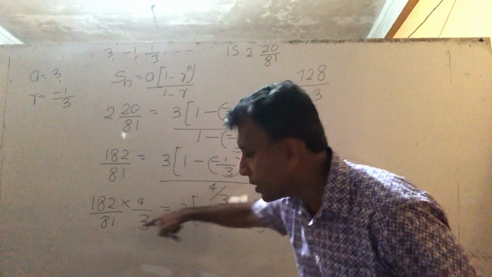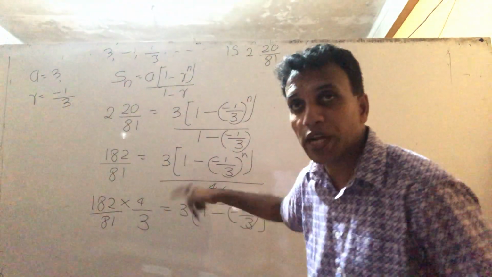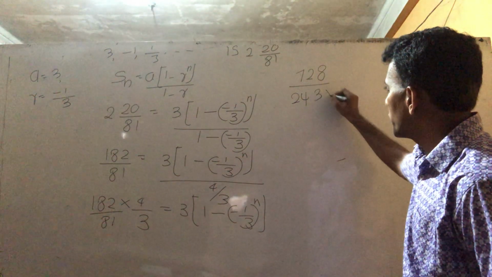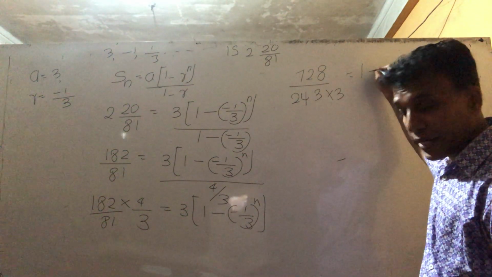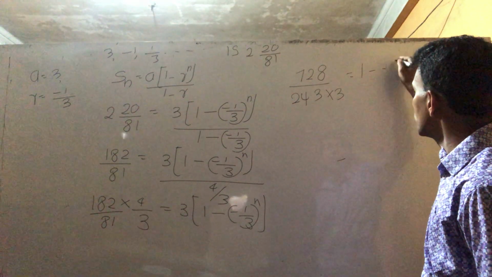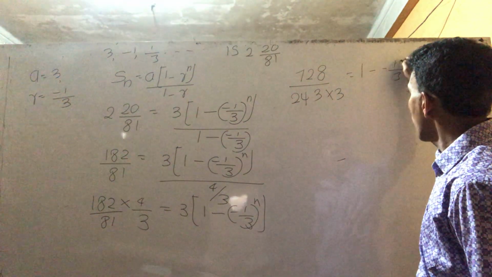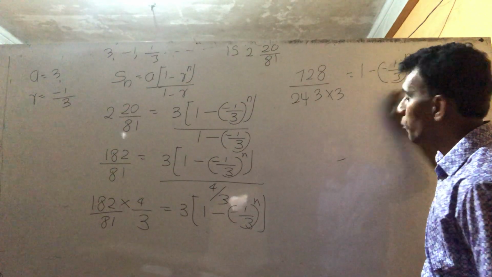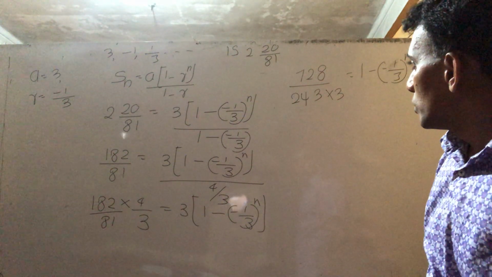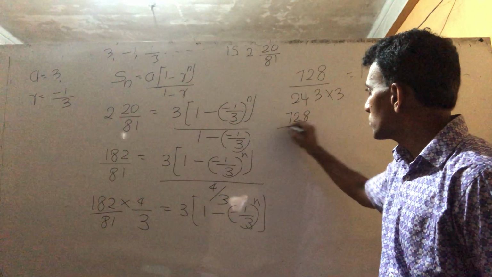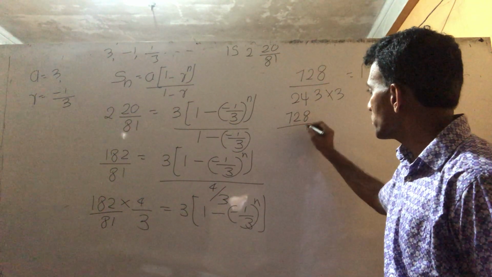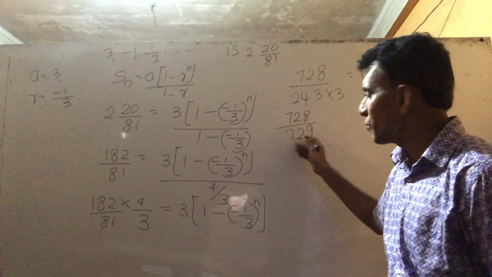Now take this 3 down, divide, multiply 3, equal 1 minus minus 1/3 to the power n. So, very important solving. So now again multiply 3, 9, a famous number for us.